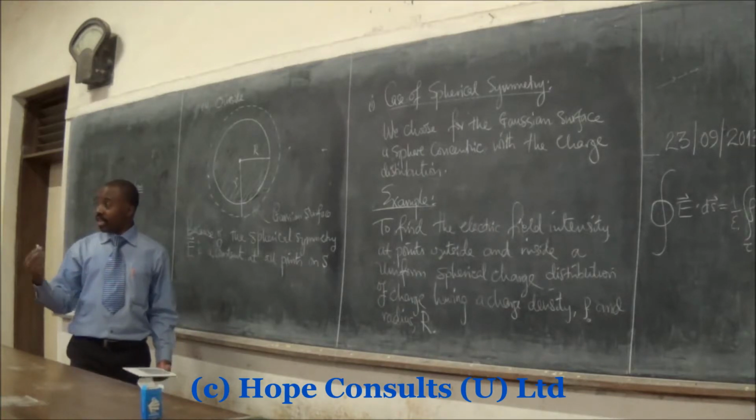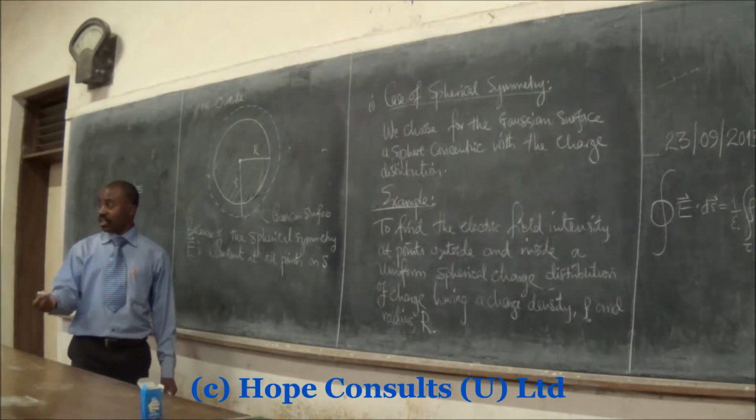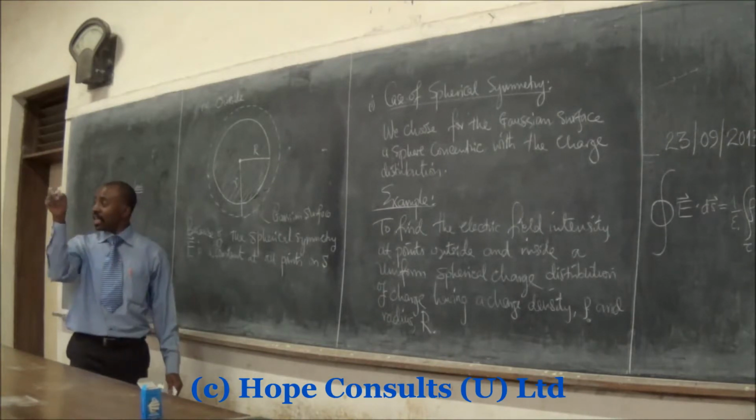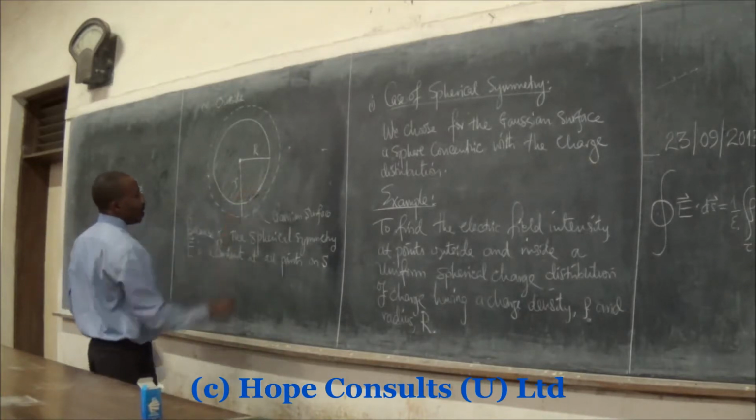And you know that E is equal to Q over 4 pi r squared, where r is this distance. So E is the same at each point on our Gaussian surface.